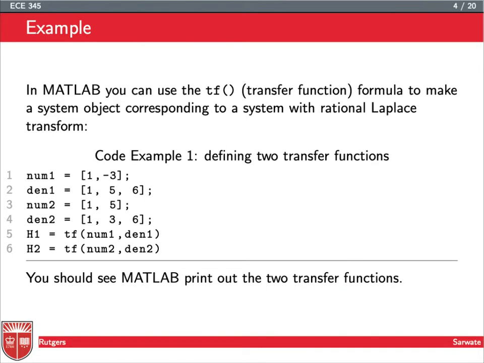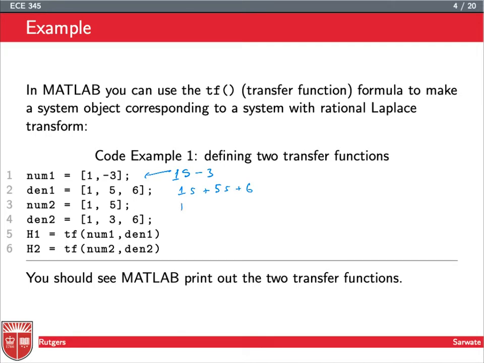There's a conveniently named function, tf, for transfer function in MATLAB. What you pass to it is a numerator and a denominator, for your rational Laplace transform. In particular, you're passing the coefficients of the numerator and denominator. So for our first system, the numerator corresponds to 1s minus 3, and the denominator corresponds to 1s squared plus 5s plus 6.